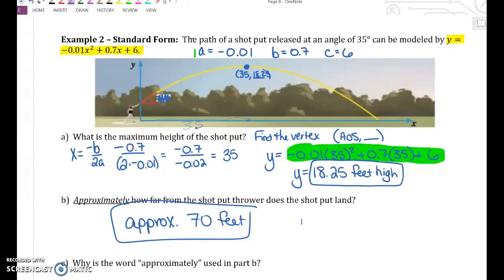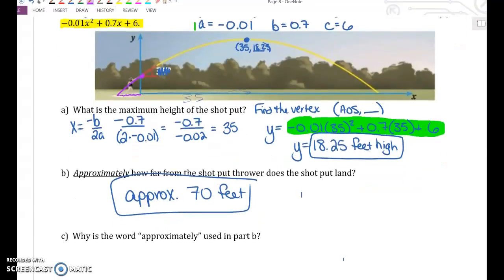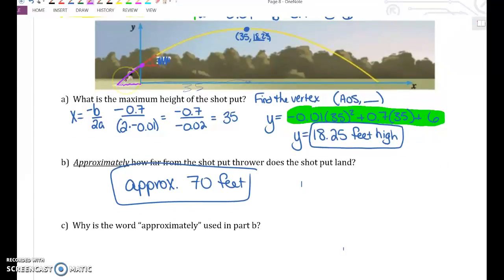We say about because there's this piece of the parabola missing. The shot put leaves from her hand. We're missing that chunk of the parabola, so we're missing that distance horizontally on the ground. So it's about 35, but it's not exactly 35. And then from the vertex to where the shot put lands would be another 35. So approximately is used because we're missing part of that.